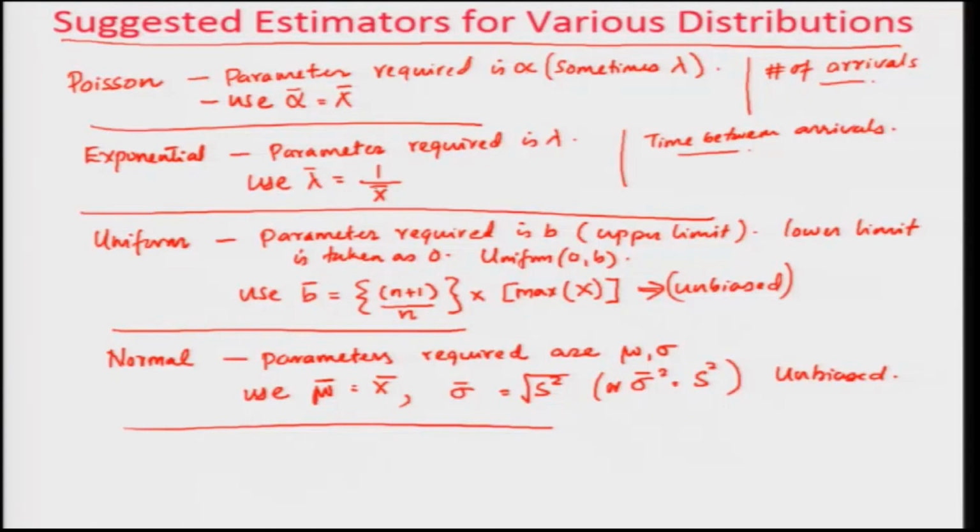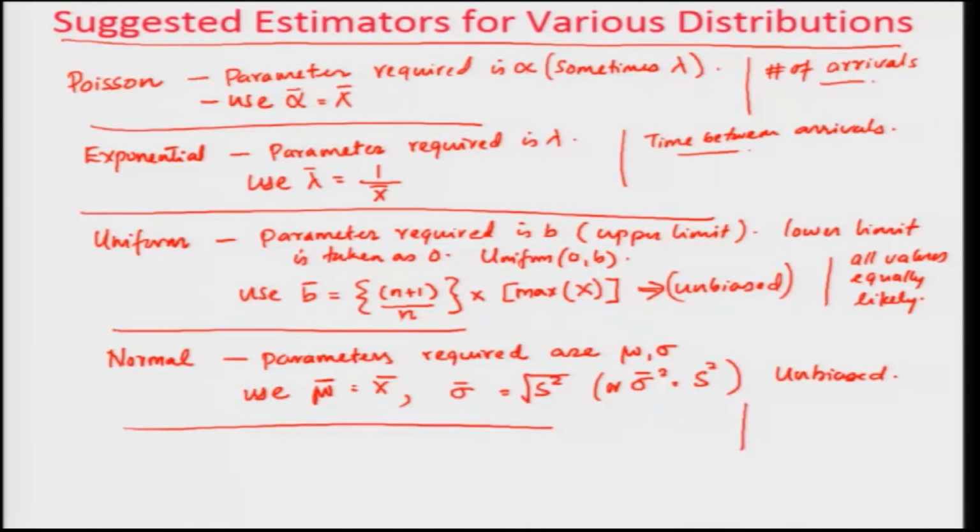And for that you use lambda bar is 1 over x bar. Okay. Then uniform is typically used when all values are equally likely. Okay. And for this case you use 0 to b, the minimum value is 0, maximum value is n plus 1 divided by n multiplied by max value of x, the maximum value of observation, right.